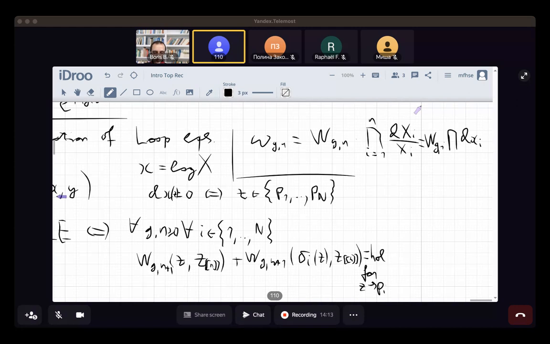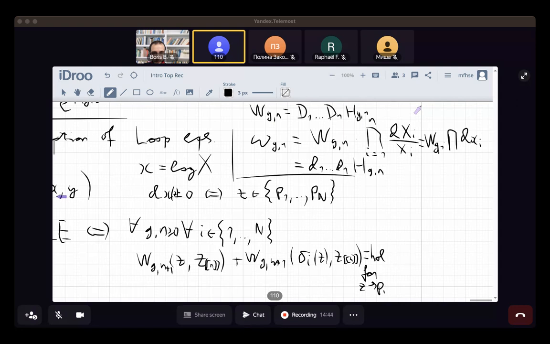It's easy to figure this out, because if you remember, omegas are obtained by taking ordinary differentials d_1 and so on d_n of h_{g,n}, and W_{g,n} is D_1 and so on D_n of h_{g,n}.